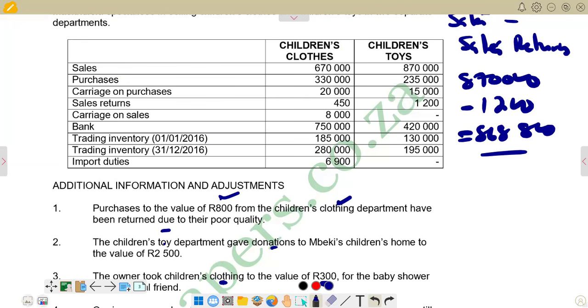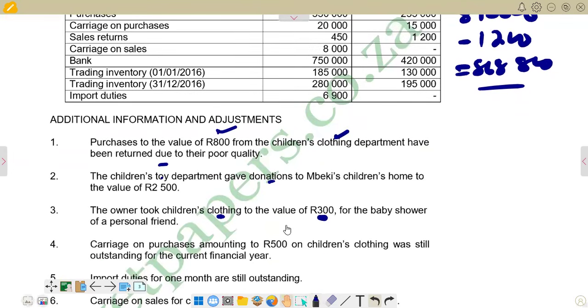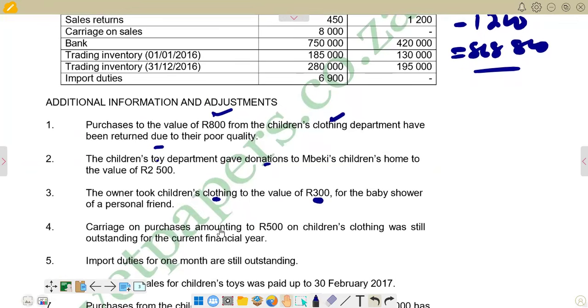So if you go to additional information, you also have to check if you've got anything that is affecting our carriage on purchases. We are told that carriage on purchases amounting to 500 rands on children's clothing was still outstanding for the current financial year.